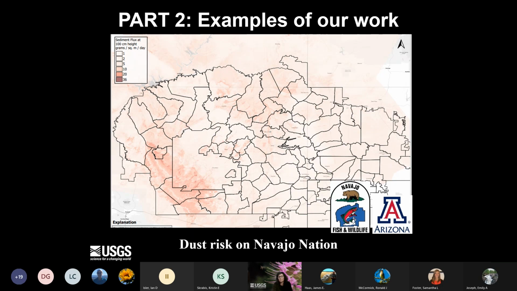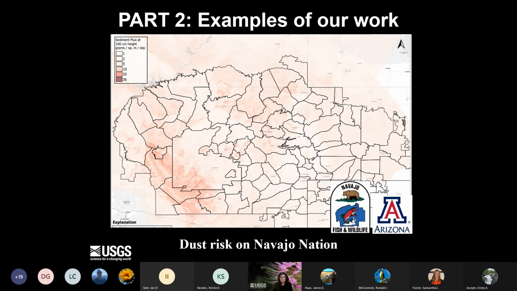And so we produced this map, which, at this resolution doesn't seem like much, but when you zoom in, this is a map of the different chapters of the Navajo Nation. When you zoom into them, it's really informative around where this dust is being mobilized and other places where not so much.